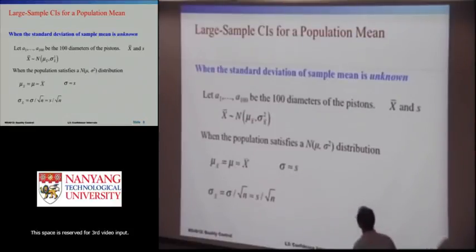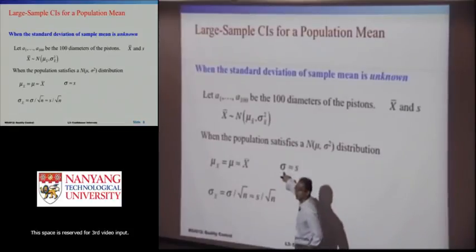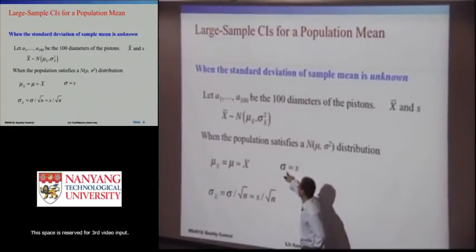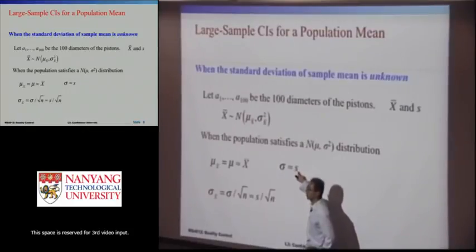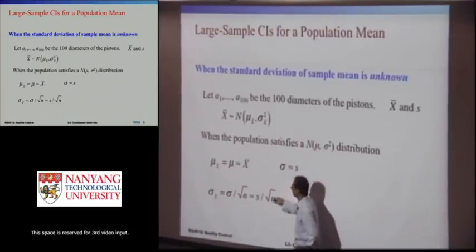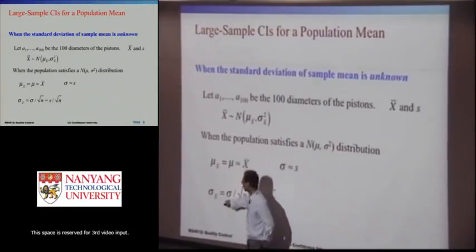This sigma is the standard deviation of the random variable x. This s is the standard deviation of a sample. We can make the approximation that the standard deviation of the population equals the standard deviation of the sample.